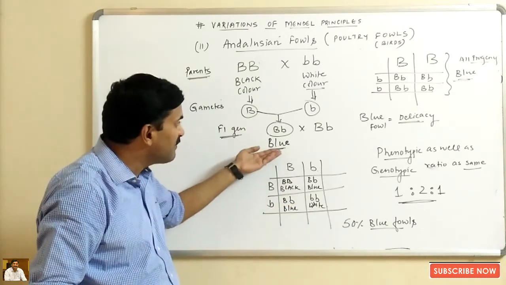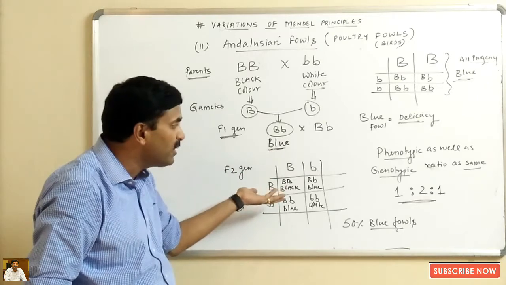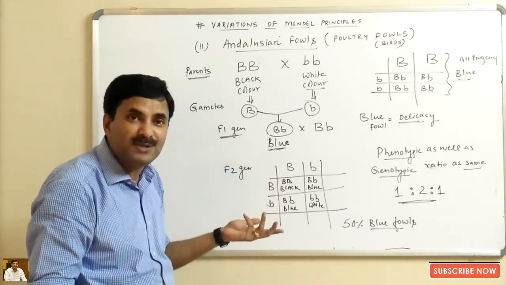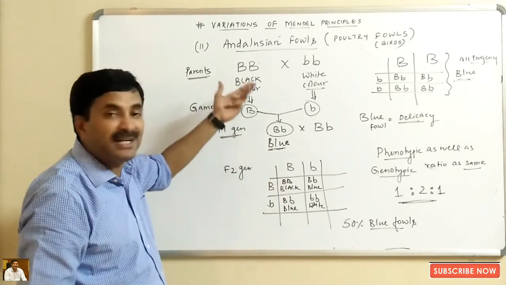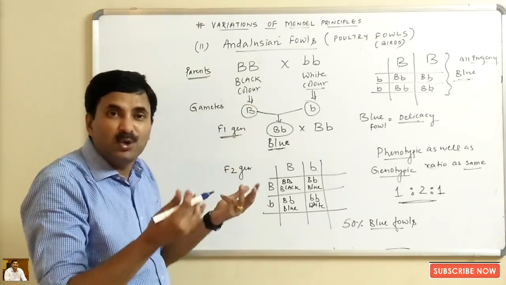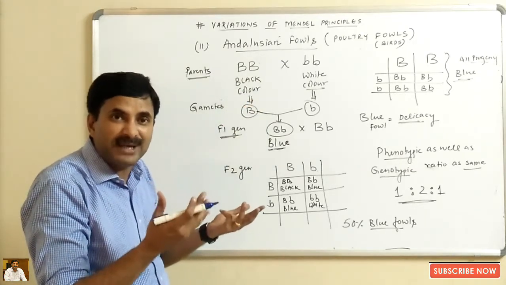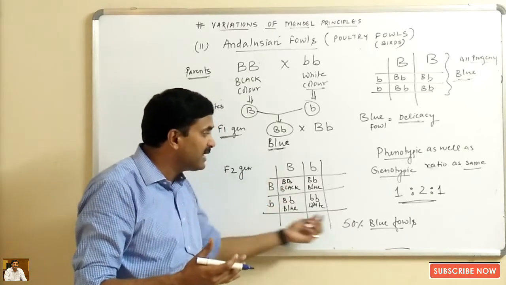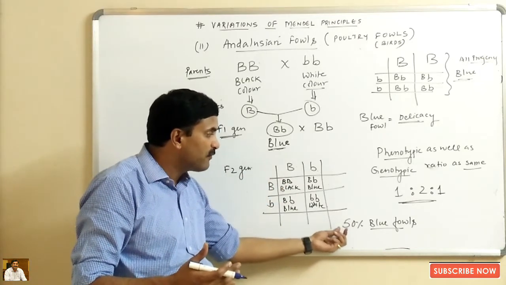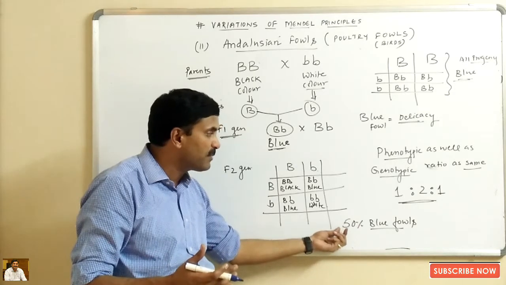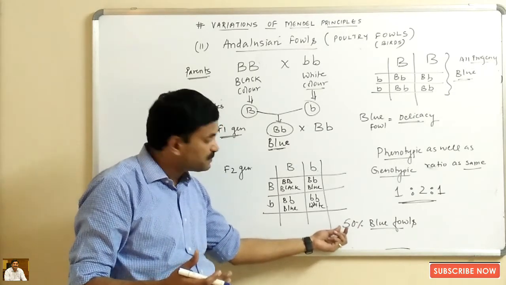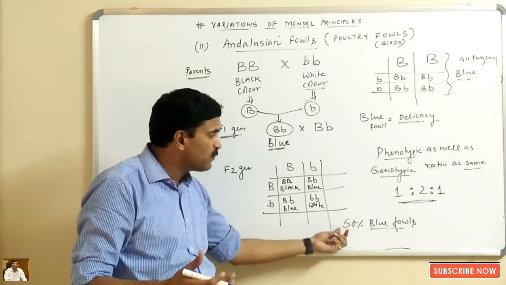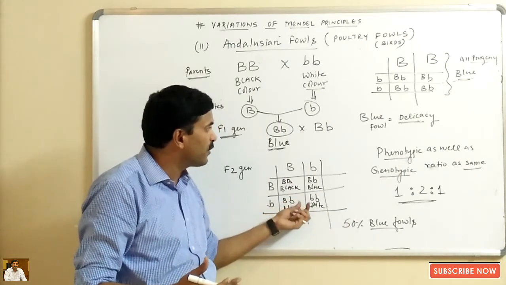They were expecting all blue fowls, but we know very well that here also there is no true blending. If there were true blending, then instead of 50% we would have got 100% blue fowls, but we have got only 50% blue fowls.